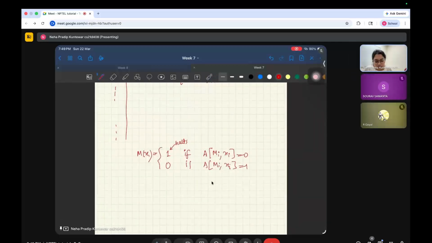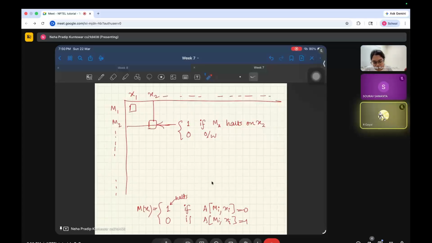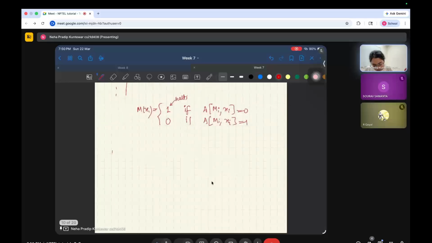So one thing you agree is that these set of machines are nothing but encodings, right? Encodings in 0 1. Yes. So that means the set of all machines should be a countable set. Right. Okay. So we know for a fact that the set of all machines is countable.